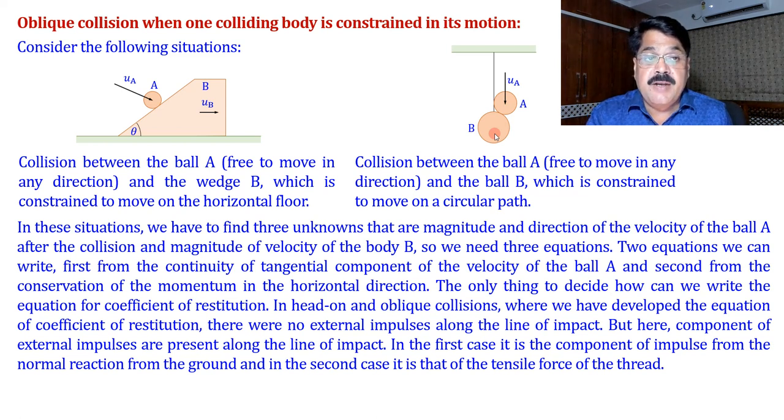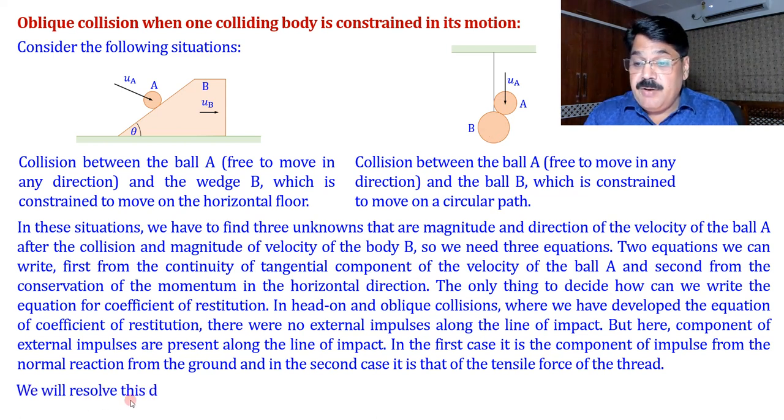I am saying external impulses comparable to the impulses of the deforming forces. But here, the external impulses of the tensile force and normal force are comparable, because they are restraining the body to move in some other direction. So, can we use the same relation here? Now, the question is we have to explore that idea, and that is very interesting.